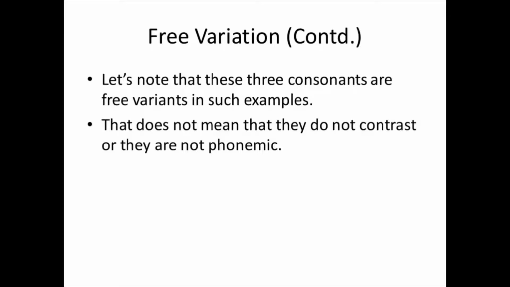So for instance, the word for tree is dia. I don't think there is any Akan word called ria that exists for the same word tree. So sounds in free variation are not necessarily non-contrastive. They can be contrastive in other contexts or in other examples.